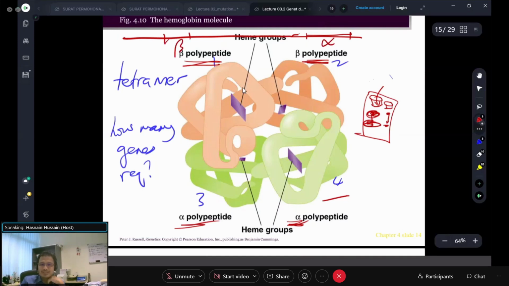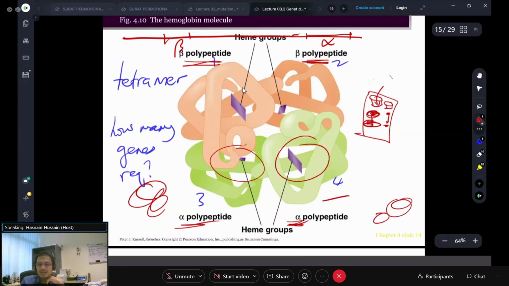The beta gene will produce many beta polypeptides, but two are required to form this, and they are all from the same gene. So you need one gene for alpha and one gene for beta, so two genes. So that's the concept.